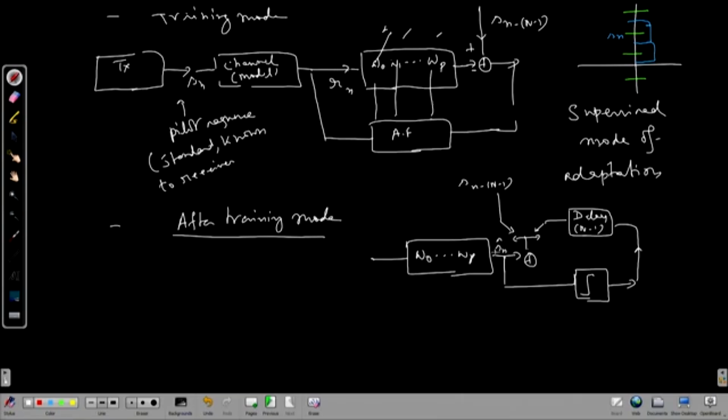And this is not S cap n, sorry. Okay, I am making a mistake here, so let me correct. This does not produce S cap n, it produces an estimate of this, which means I won't require this delay.